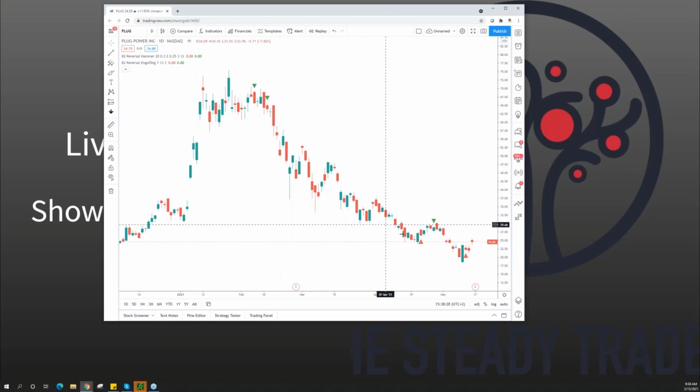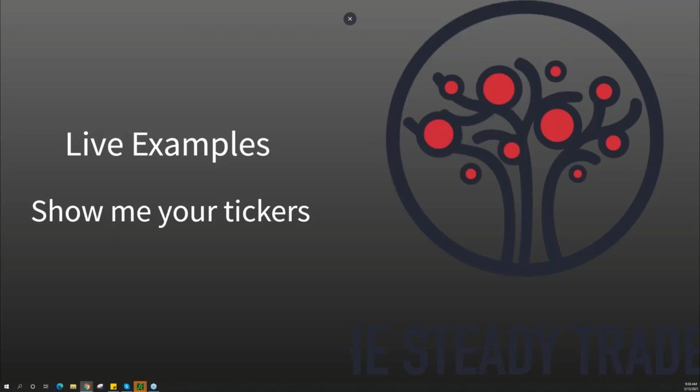Those were sell signals. Then we had a small buy signal in April, and the stock rallied 10%. Then we had a sell signal a few days ago, late April. The stock then dropped 30%, and we just got a buy signal the other day, right? So that's PLUG. Can you guys see that?